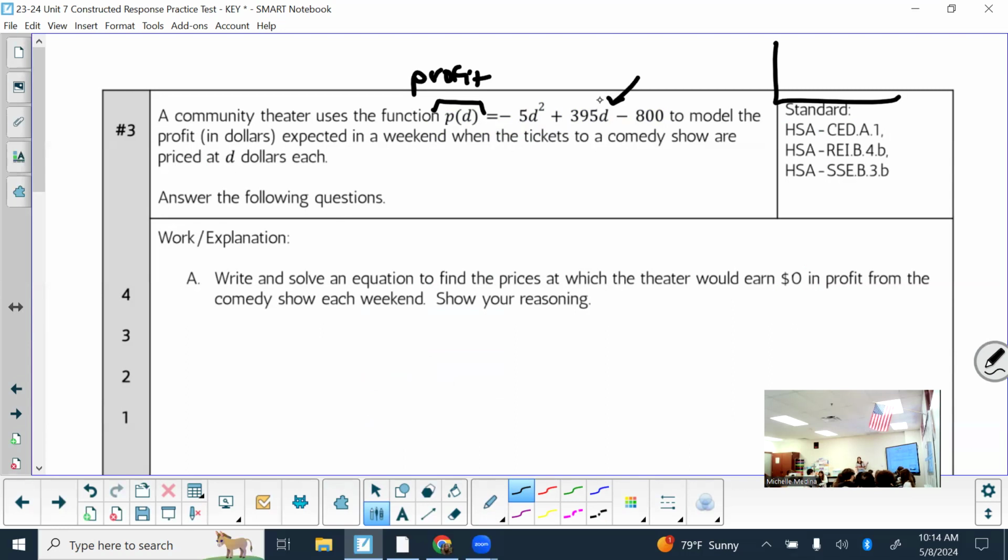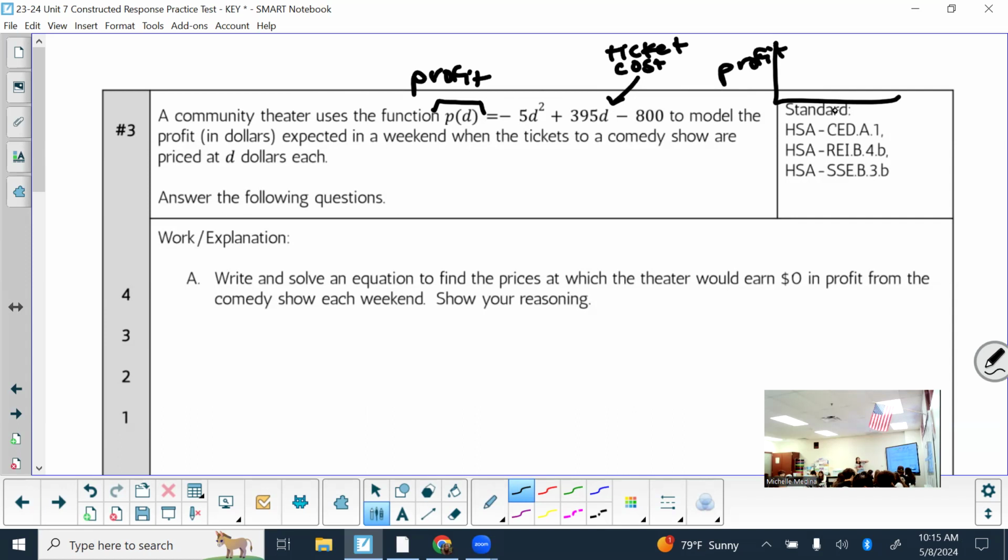Profit is also in dollars, so be more specific. Because profit is also dollars as well, that wouldn't help me. D stands for... louder. Okay, good. Because they're both technically in dollars. So the output, what should go on my y, is profit.